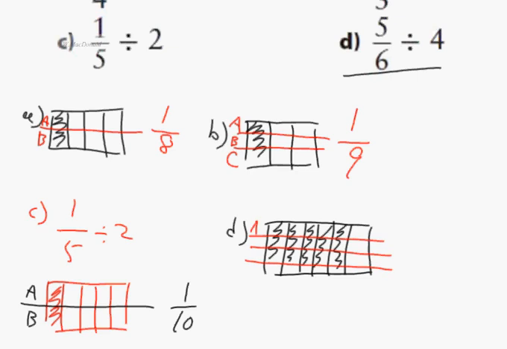This is for Alphonse, this is for Bruce, this is for Clarence, and this is for Demi. What used to be a denominator of 6 is now a denominator of 24, and Alphonse shall receive 5 parts out of 24. So therefore, 5/6 shared between 4 people will give everybody 5/24 of a chocolate bar.